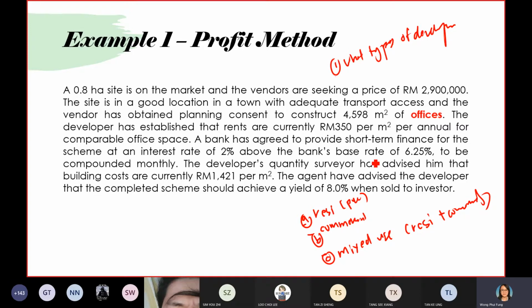So now I'm going to the first type first. If you read this question, this will be the office. So it's type B. So I go to type B first. Okay, so this question is actually want to construct 4,598 meters square of offices. So that is the pure commercial.